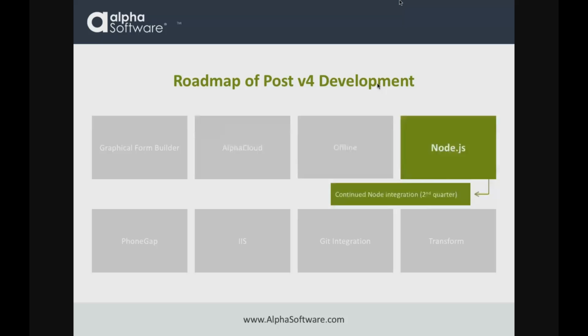PhoneGap. One of the other really cool things slated for development next year is called the PhoneGap Shell application. Right now, you create a solution, wrap it in PhoneGap, and it goes out. Very easy, very straightforward, works great. But what we found is that people want to have a shell application with a lot of native capabilities already built in that they can leverage in a much easier way.